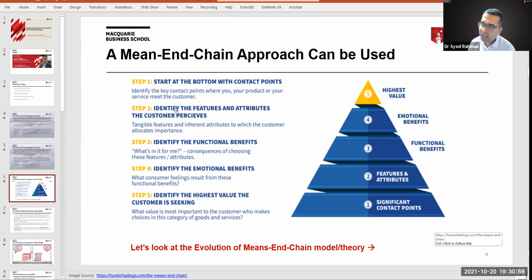The theory says that those attributes are important to the customer because of their functional benefit, and the functional benefits are then important to the customer for psychosocial or emotional benefits. So they're just saying that there is a linkage between why we care about something, and all of these are driven by our highest value.